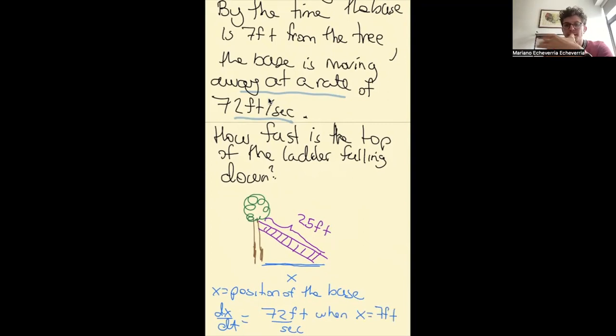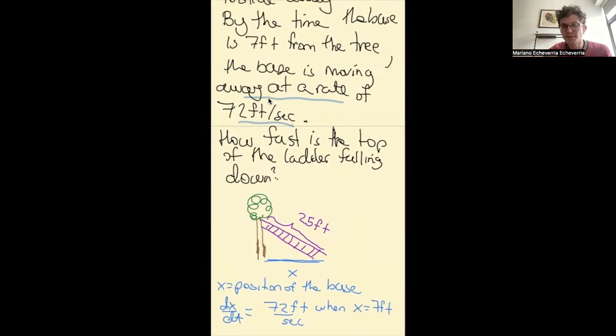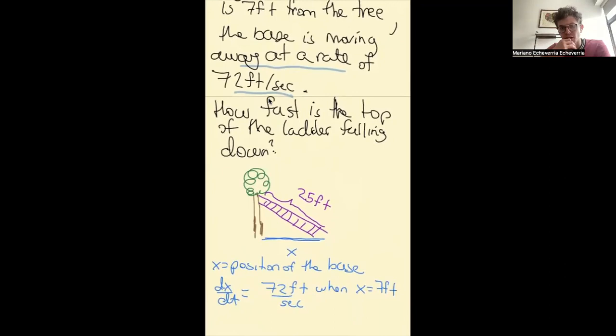So it's saying that the base is moving away from the tree, so it's moving to the right. Since it's moving to the right, this rate of change is positive. So it's saying that that rate of change is 72 feet per second when you are 7 feet away from the tree. Is that okay? Questions up to this point?